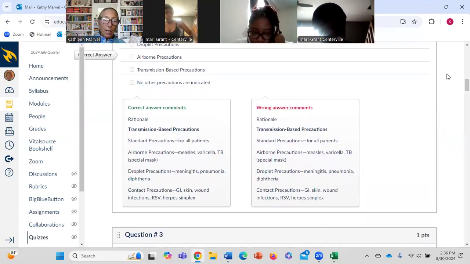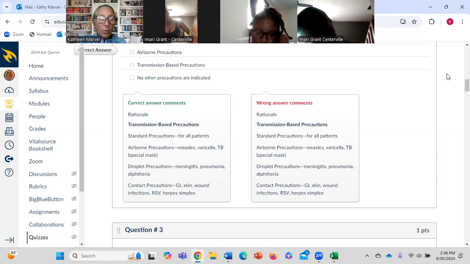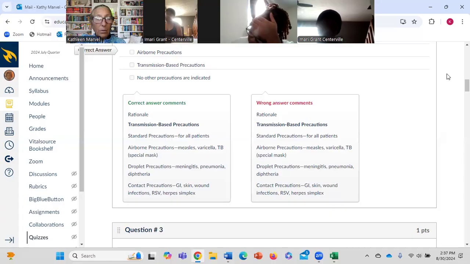So in the rationale, I've given you different kinds of transmission-based precautions. Right, so this is a good review, a good summary. We know that standard precautions are applied for all patients. We add airborne precautions for clients with measles, chickenpox, TB. Right, well, we already know, Amari, that with TB, we're going to be wearing a special mask, right? So that answer of no other precautions are indicated, that's why that's wrong.